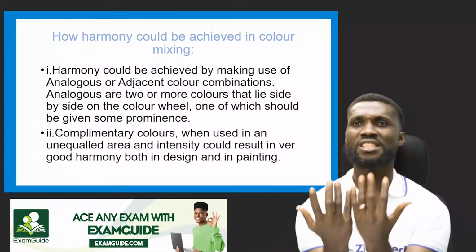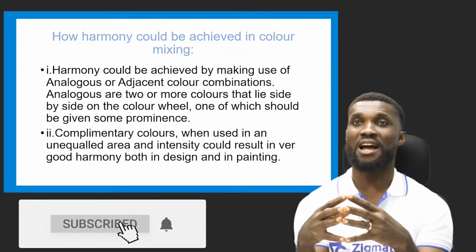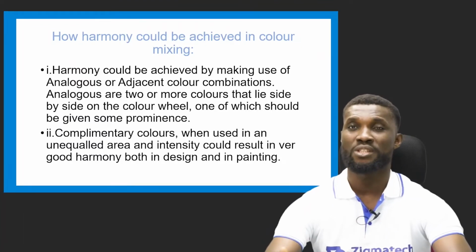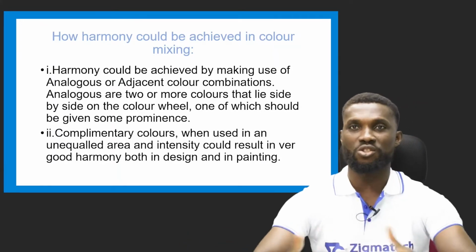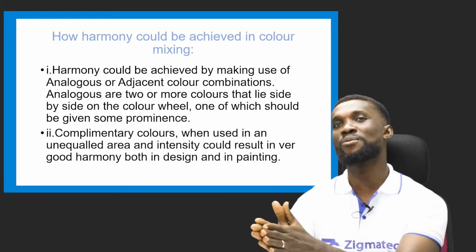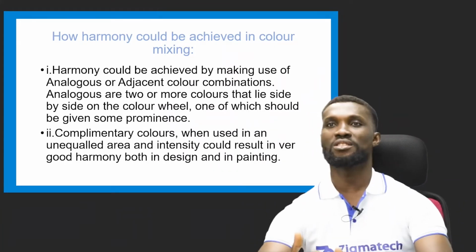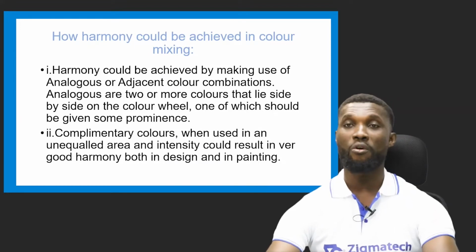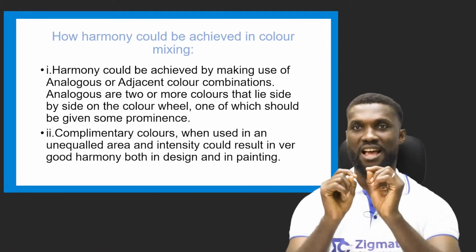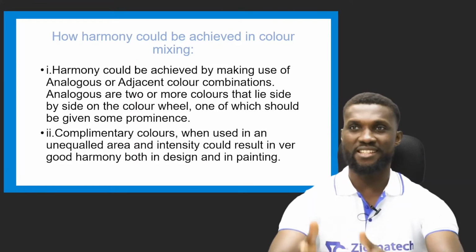Now, how can harmonious colors be achieved in mixing? Harmonious colors could be achieved by mixing analogous colors, or adjacent color combinations. Analogous colors are two or more colors that lie side by side on the color wheel, one of which should be given more prominence, like I told you initially. Complementary colors, when used as harmonious colors, should be in distinct areas.